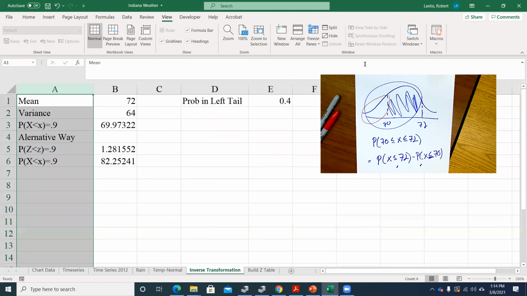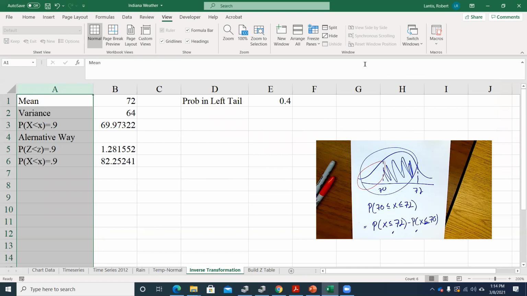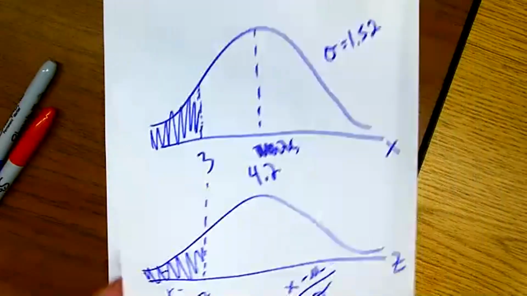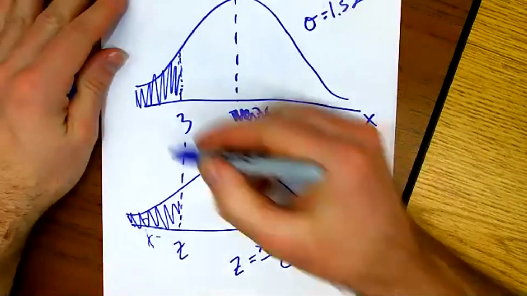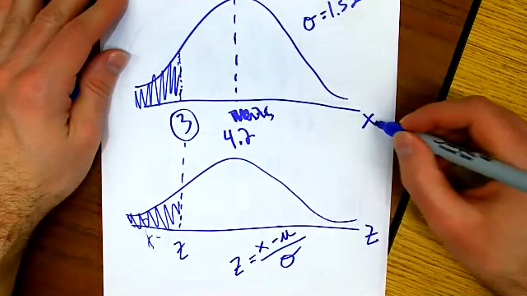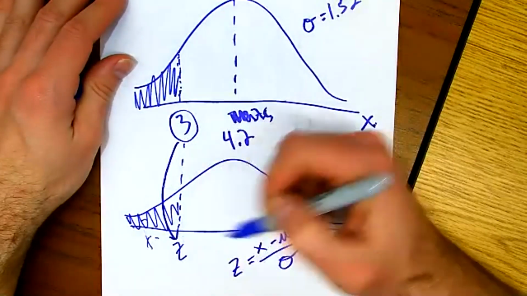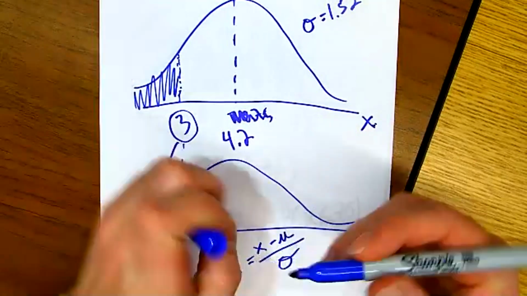The next thing we'll talk about is, what we were doing before was I was starting out with some value for x. I was turning it into a z-score and then finding the area to the left.